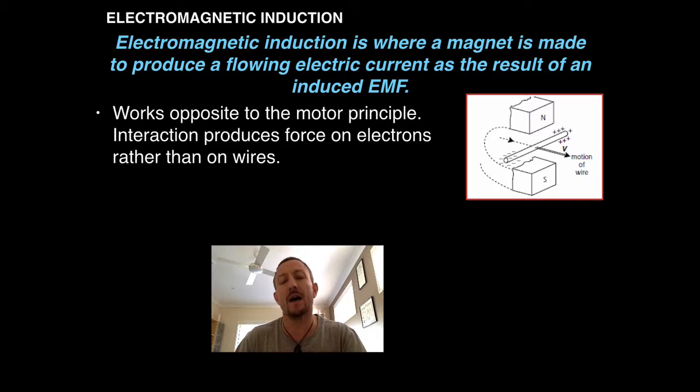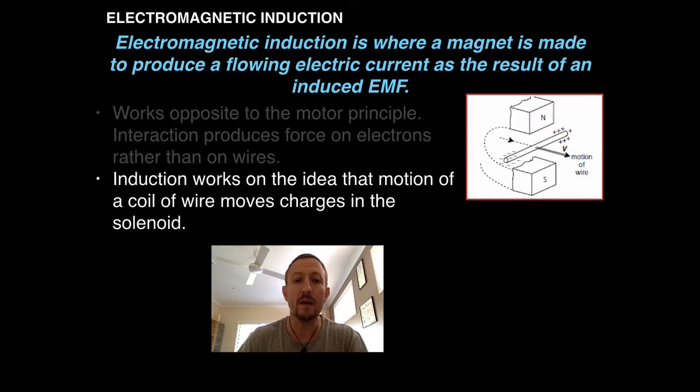So what electromagnetic induction does is allow us to apply this interaction of these magnetic fields to generate a current. So as I've stated, it works on the principle of moving a wire through a magnetic field. Now obviously if you've got a conducting rod such as copper, it's got free flowing electrons.